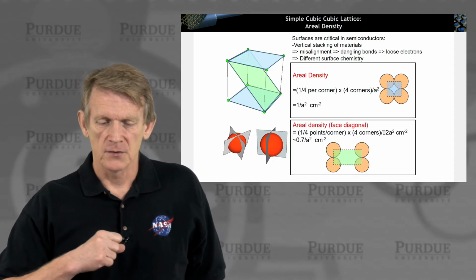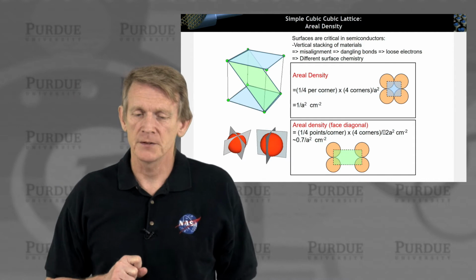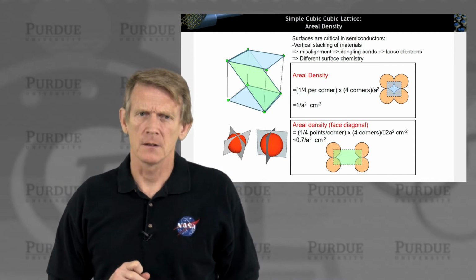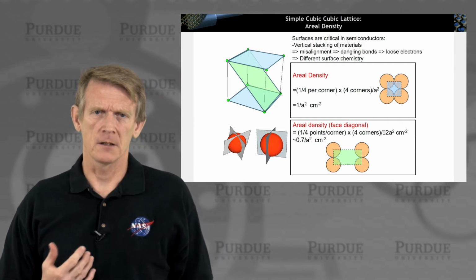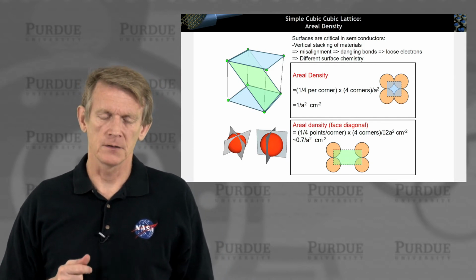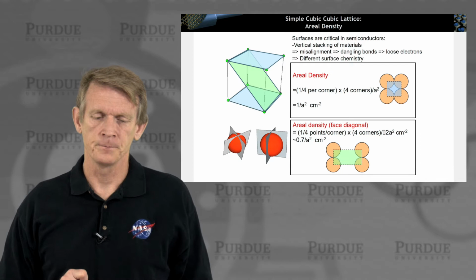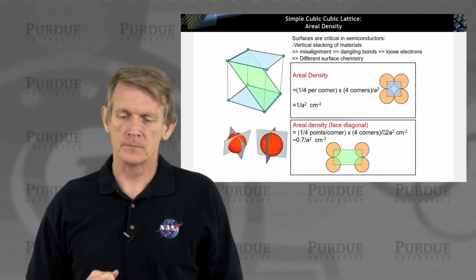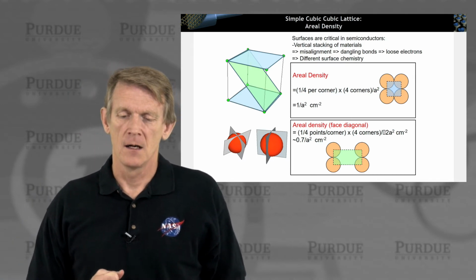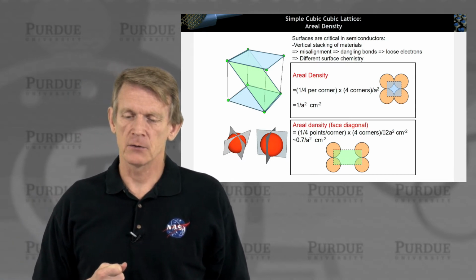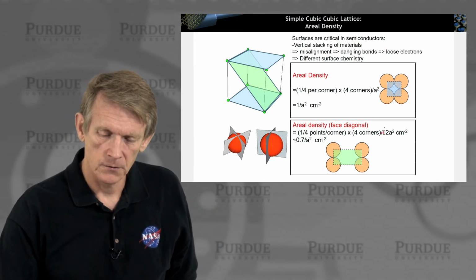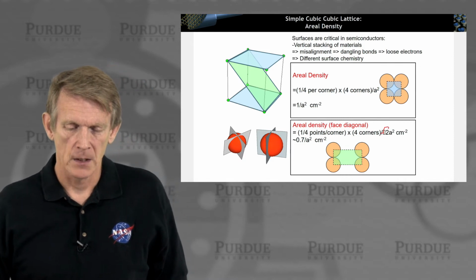But there could be other surfaces. There could be surfaces on the diagonal here. And we'll describe how our nomenclature labels those kinds of surfaces a little bit later. In this one, we also have a quarter atom per corner. We have 4 corners, but one of the lengths is square root of 2 times A. So the area is square root of 2 A squared.